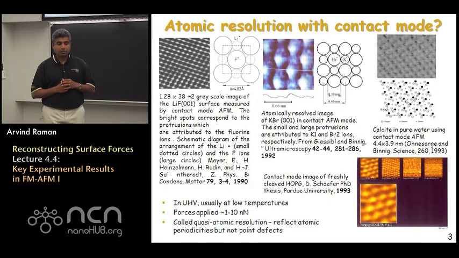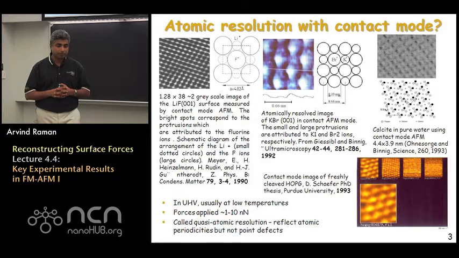In particular, when the atomic force microscope was invented, very soon after that, there was a rush to try and demonstrate that the AFM could actually achieve true atomic resolution and achieve the kind of resolution that scanning tunneling microscope had already shown and demonstrated before. And this was very hard to do.